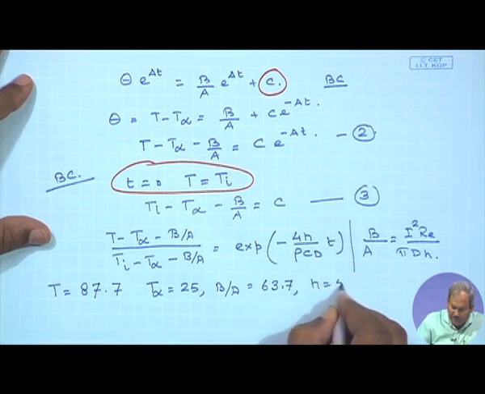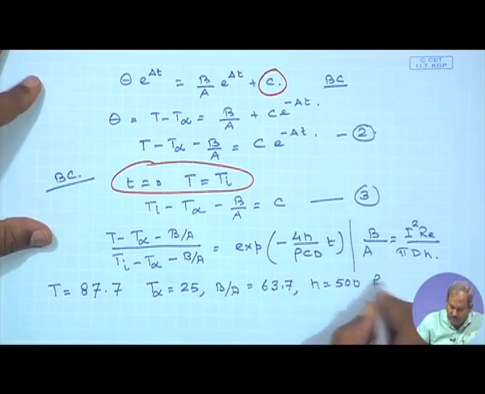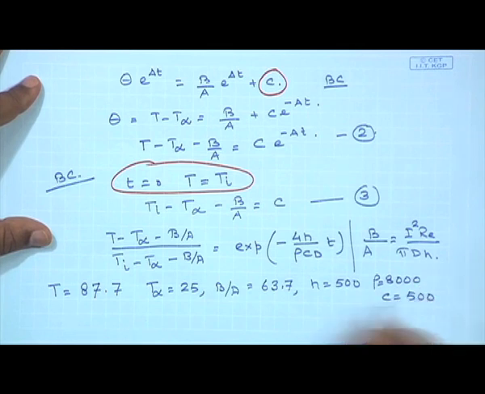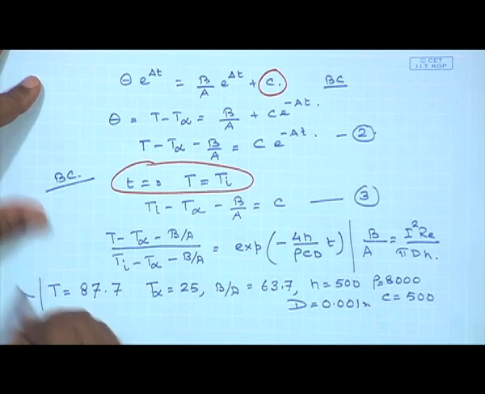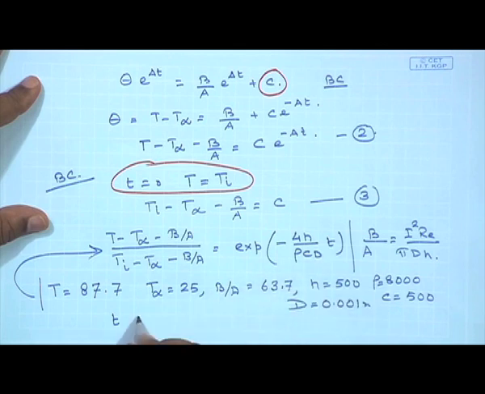The h is 500. I am not using the units; you can put the correct units corresponding to each of these terms. The rho is 8000 kg per meter cube. The C is 500, and the diameter is provided as 0.001 meter. So, when you plug all these numbers in, you would find the unknown time to be equal to 8.3 seconds.